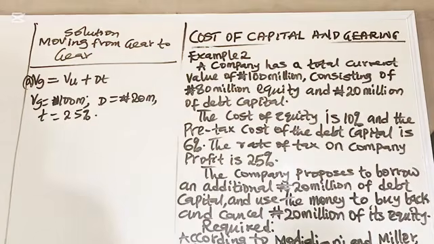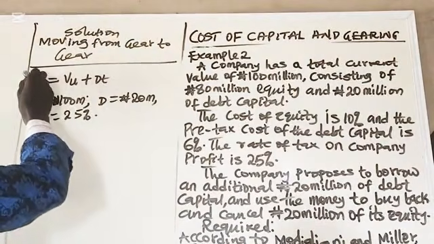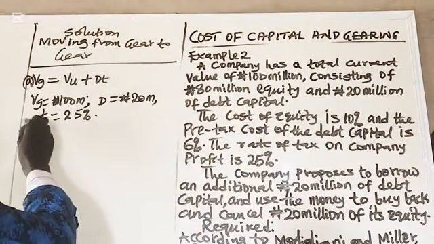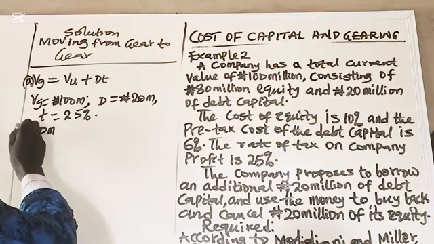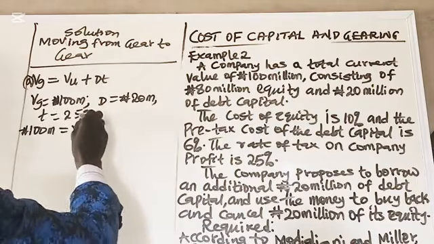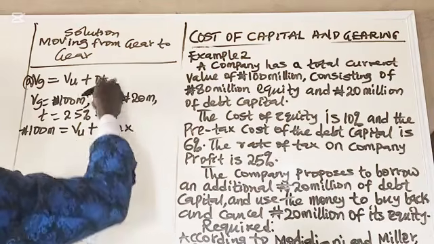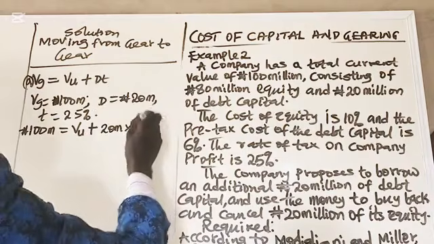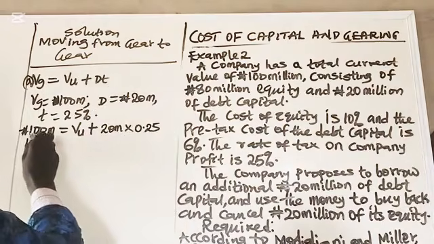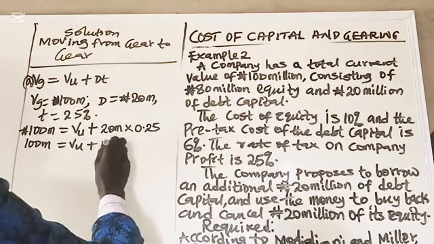So you first of all ungear the company by calculating the value of the ungeared company as if the company is all equity financed. So the value of the geared company, VG, is 100 million, equal to the value of the ungeared company, which is what we are looking for, VU, plus the value of debt, 20 million, times the tax rate, 25%. So we have 100 million equal to VU plus, this will be 5 million.